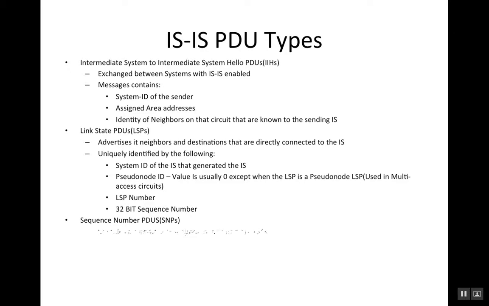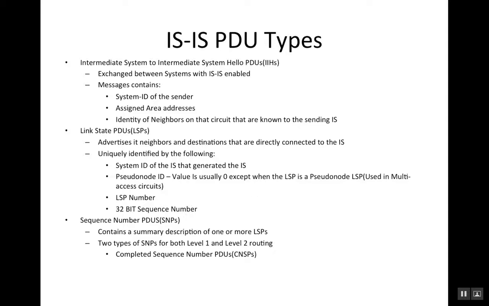The sequence number PDU contains a summary description of one or more LSPs. So for the routers participating in that area, it'll have a description of the circuit IDs in the information per LSP for the LSPDUs. There are two types of sequence number PDUs for both level 1 and level 2 routing.